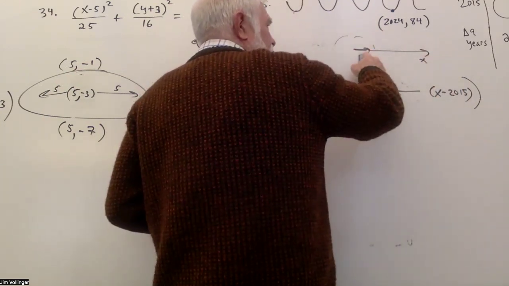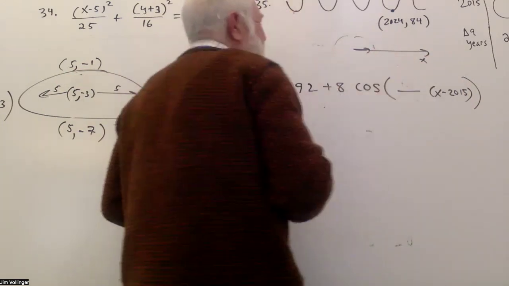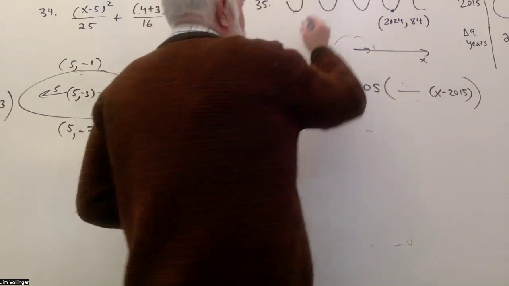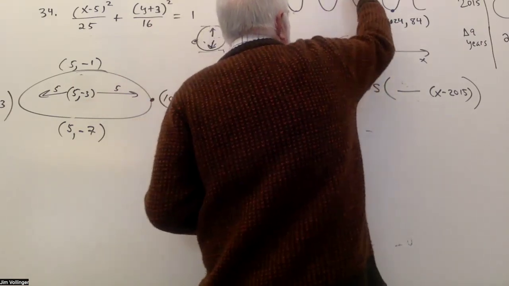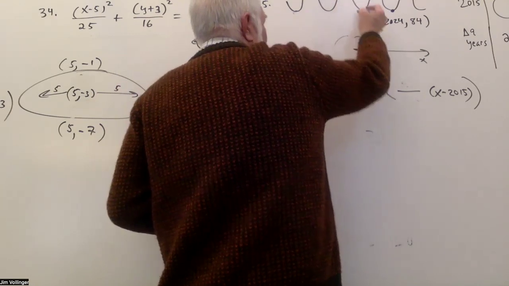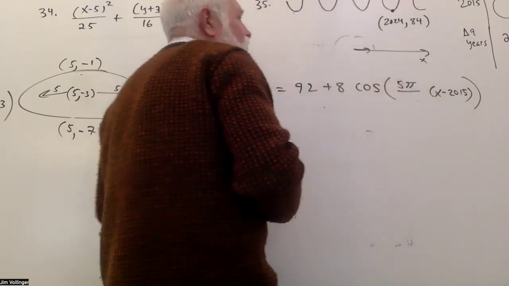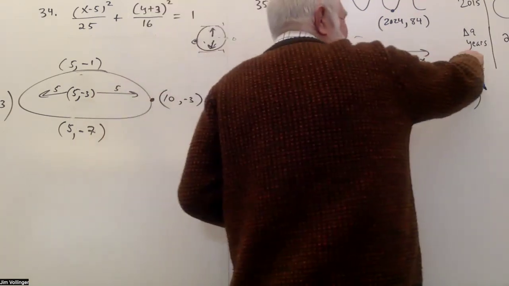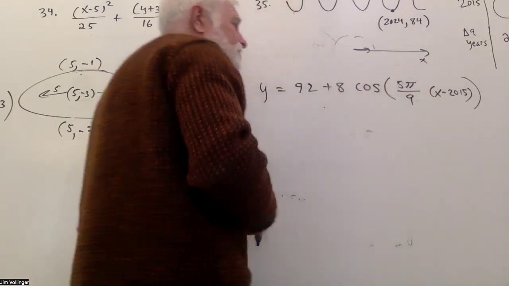And what do you put on the x-axis? You convert years to radians. And what's the radian length change? Well, once around is 1 period. 1 period is 2 pi. So 1 pi, 2 pi, 3 pi, 4 pi, 5 pi. And that's 2.5 revolutions. And that changed in 9 years, 2015 to 2024. So there you have it.